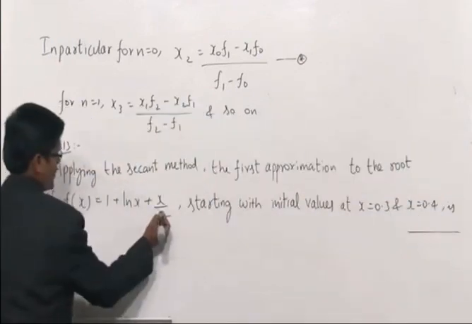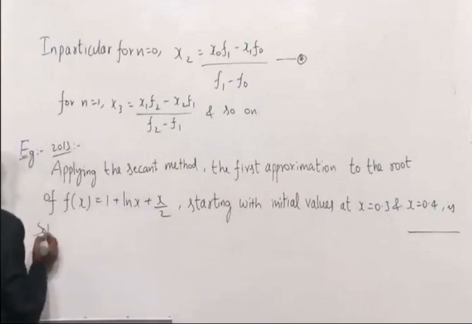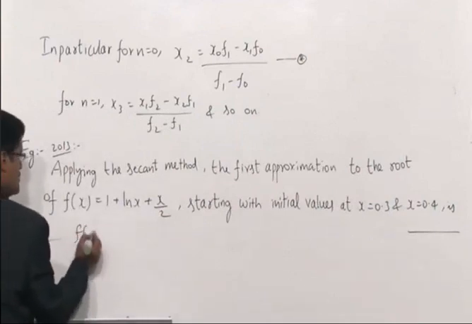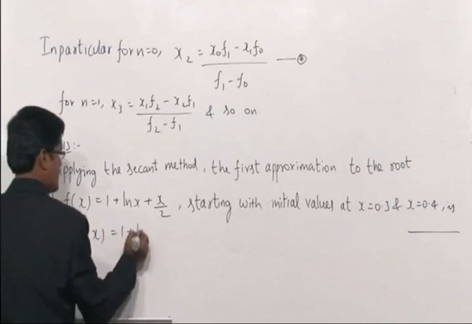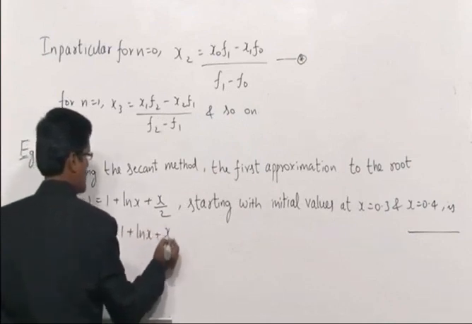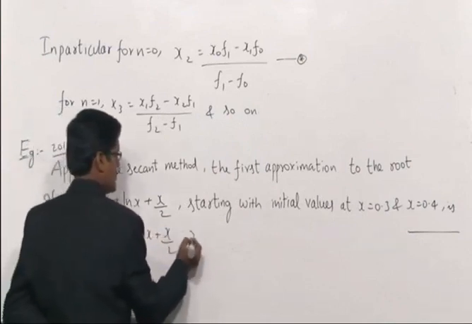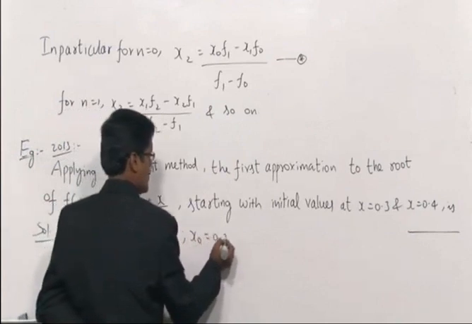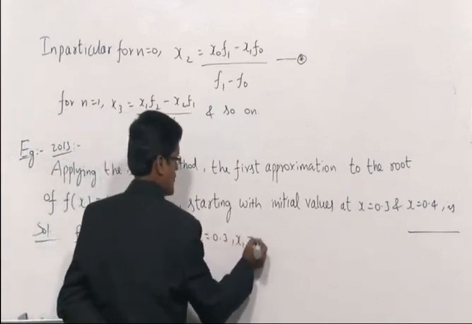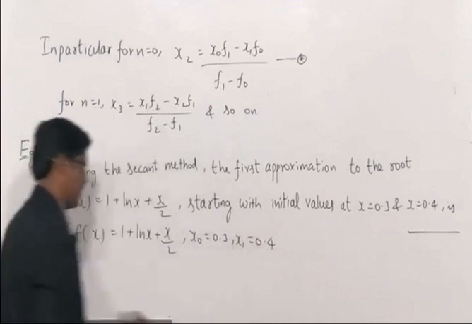So here the function is f(x) = 1 + ln x + x/2, with natural logarithm. x0 is 0.3, this is the data given, and x1 is 0.4, the starting values.